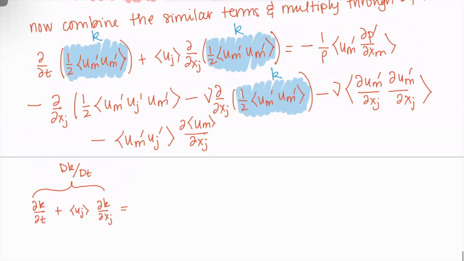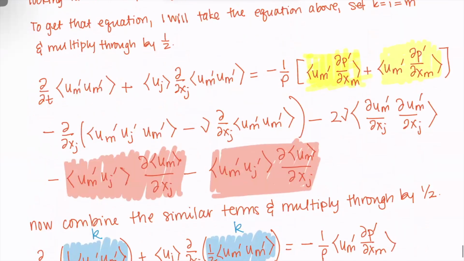And it is equal to minus 1 over rho prime partial p prime partial xm, minus, I'm going to separate out these two terms, so I have minus 1/2 partial xj prime uj prime prime plus 1/2. Wait, did I screw up a sign somewhere?